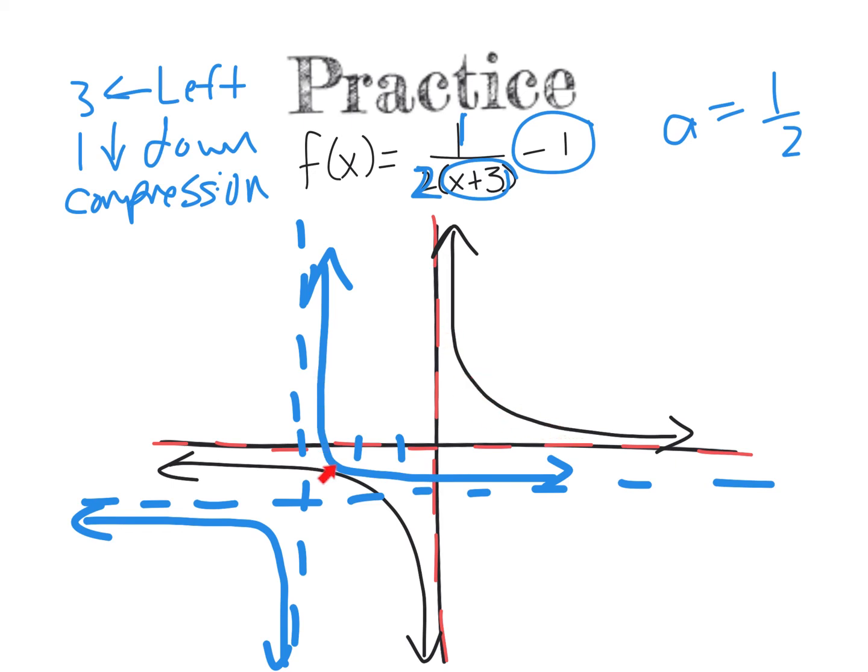Here it's more of a rectangular or cornered approach because it's a lot closer to this new origin that we identified, which is going to be at h and k, which is -3, -1. 1, 2, 3, down 1 unit. So you're looking at going closer to the asymptotes when it's a compression versus further away when it's a stretch.